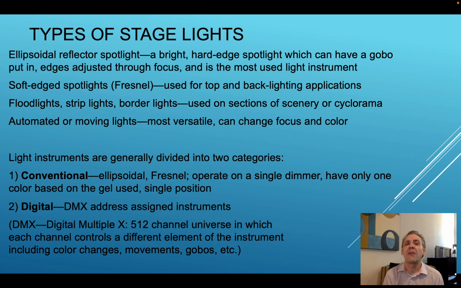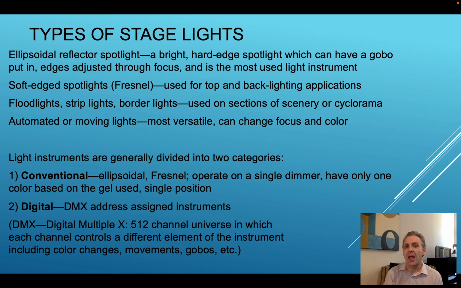Then we have what are called soft edge spotlights. This is called a Fresnel. Fresnel is the last name of the individual who developed this light. So yes, it starts with a capital F and the S is silent. Fresnel.